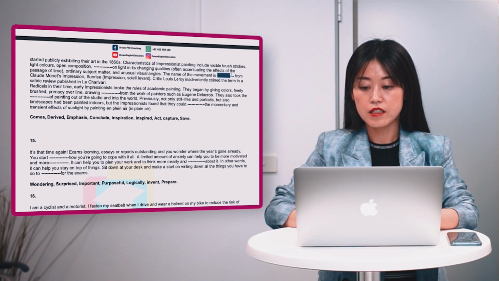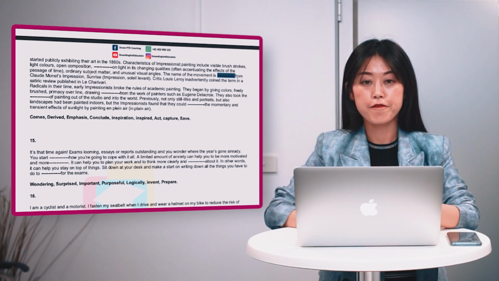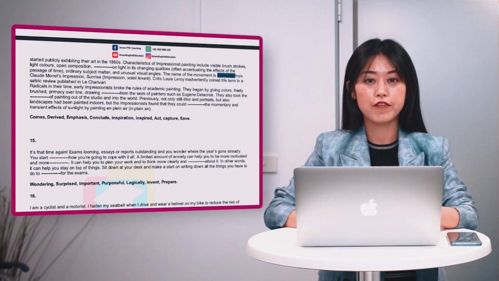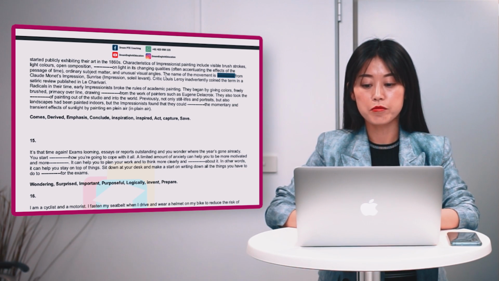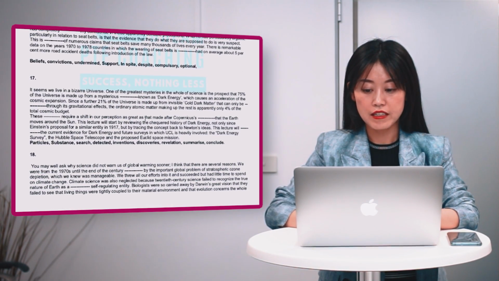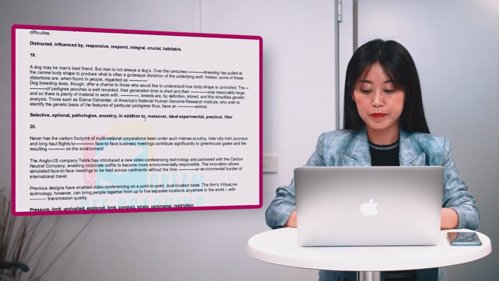Before the blank we have is, and after the blank we have from, a preposition word. So under this case we said most likely we are looking for a verb with ed form. So we look at here, we have derived, inspired. So under this case, the name of the movement is derived from the impression. So that's how we use another verb to find out the different types of, to fill the different gap.